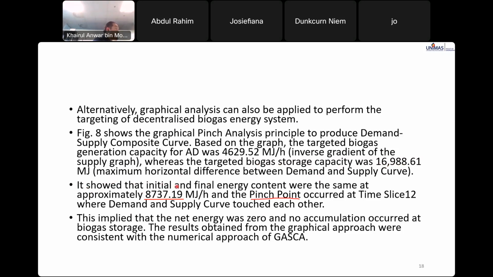It showed that initial and final energy content were the same at approximately 737, and the pinch point occurred at time slice 12, where the demand and supply curve touch each other.